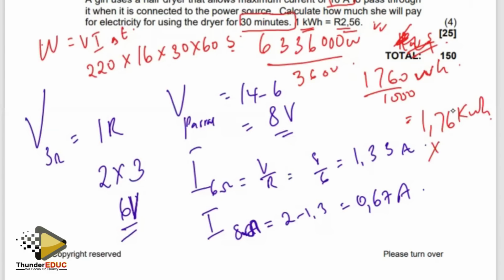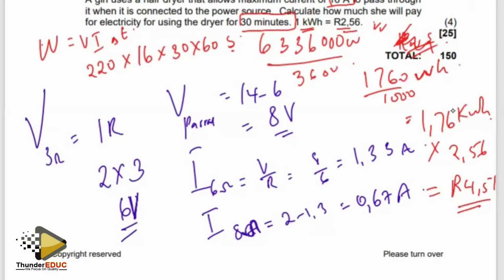Then I'm going to multiply this by the 2,56. Okay. That gives me 4,5. Yeah. So it's basically 4 rands and 51 cents for you to use the hair dryer.